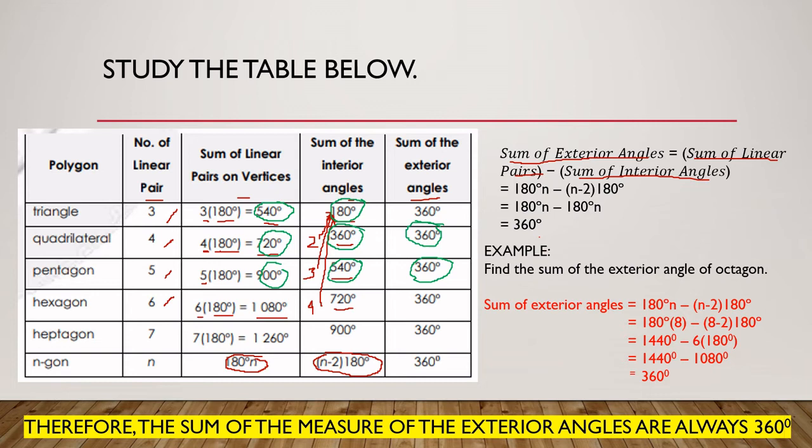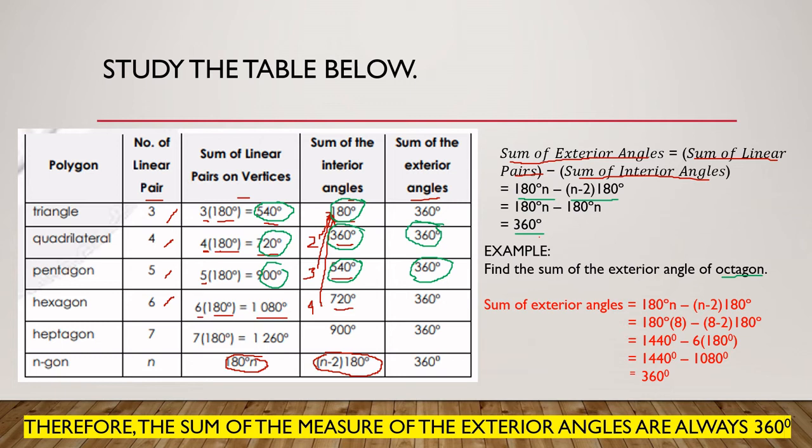Or you can use the formula: the sum of the exterior angles is equal to 180 degrees times n minus the quantity of n minus 2 times 180 degrees, which will be equal to 360 degrees. For example, find the sum of the exterior angles of an octagon. Octagon, how many sides? There are 8 sides.